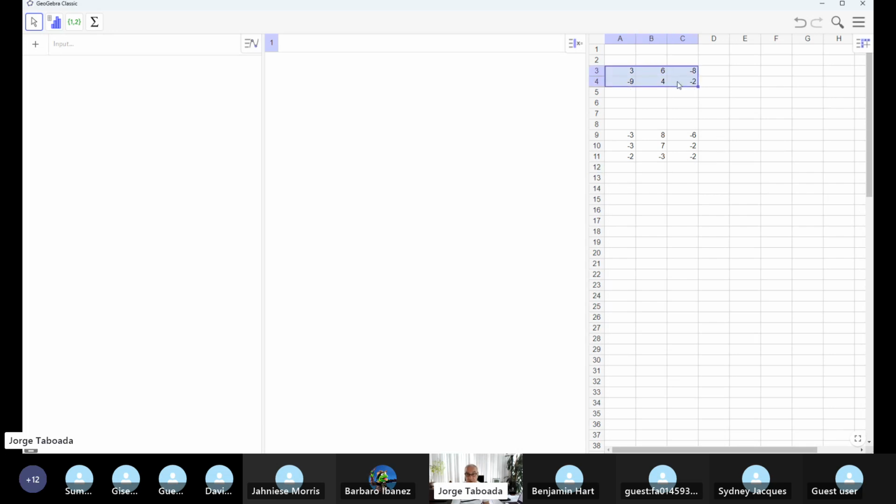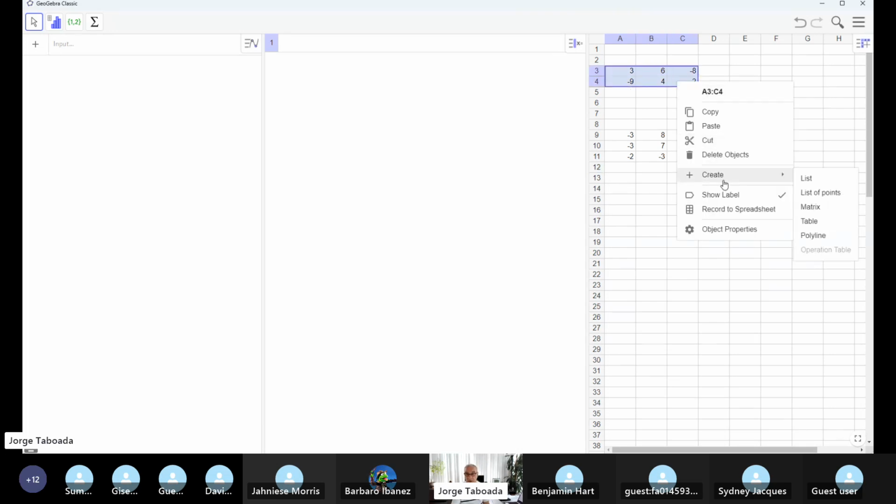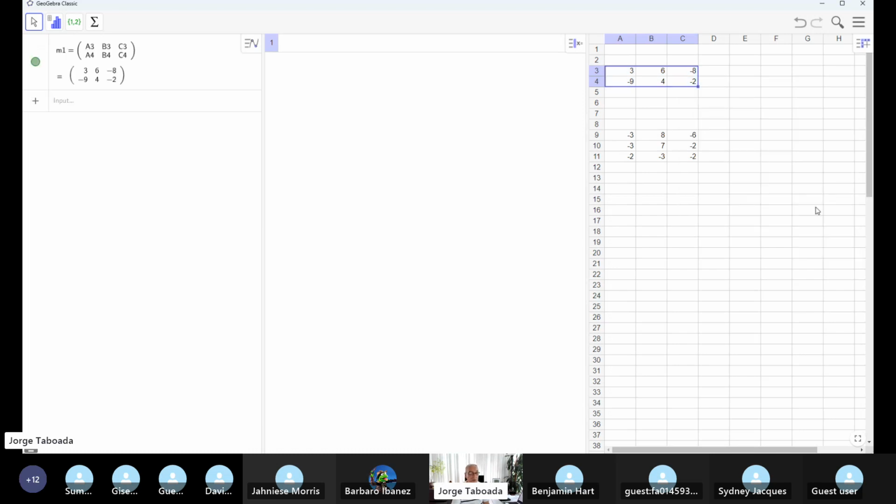You select the matrix, you create the mathematical object called a matrix. If you want to rename it or not, it doesn't matter.